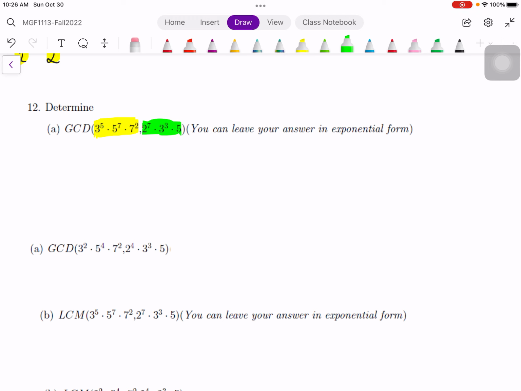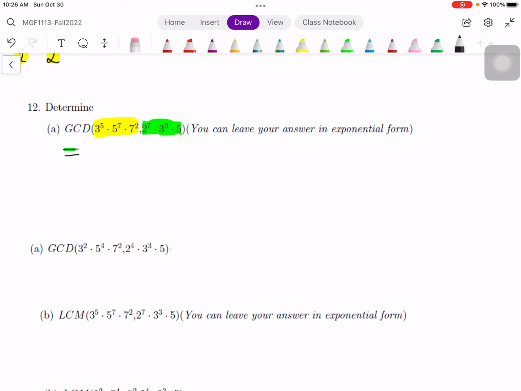So first thing I want to mention is that the greatest common divisor is a divisor for both. It's a common divisor, right? A divisor for both numbers means it's something smaller that fits in both of those numbers, right? I highlighted. So always think of it as something smaller. So if you have a prime factorization, you can easily find the greatest common divisor.